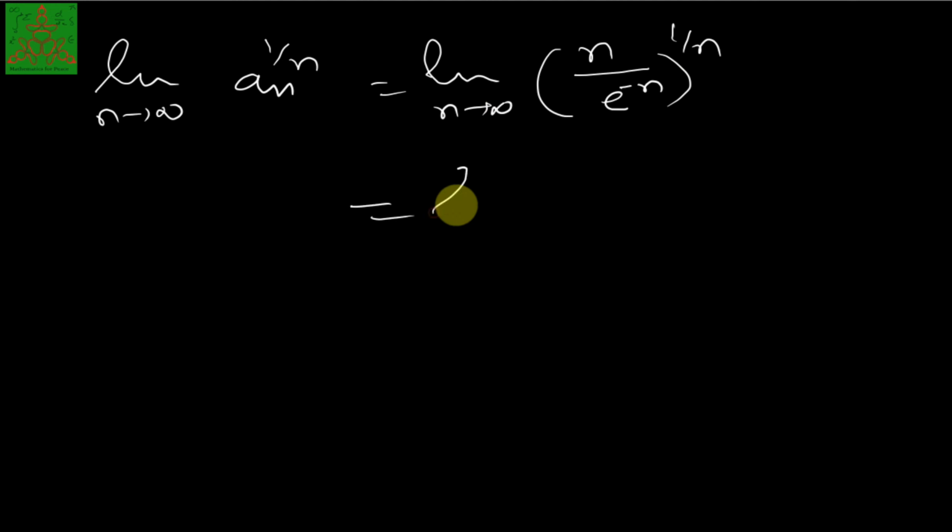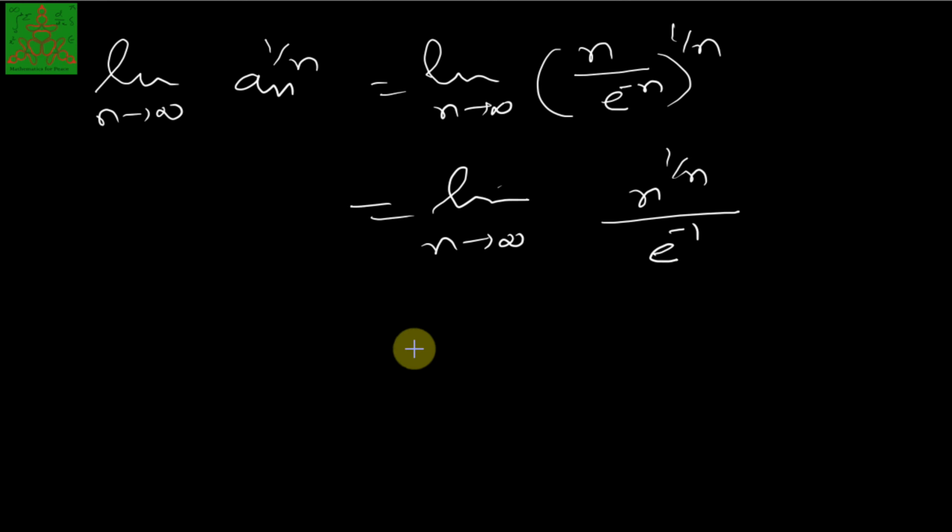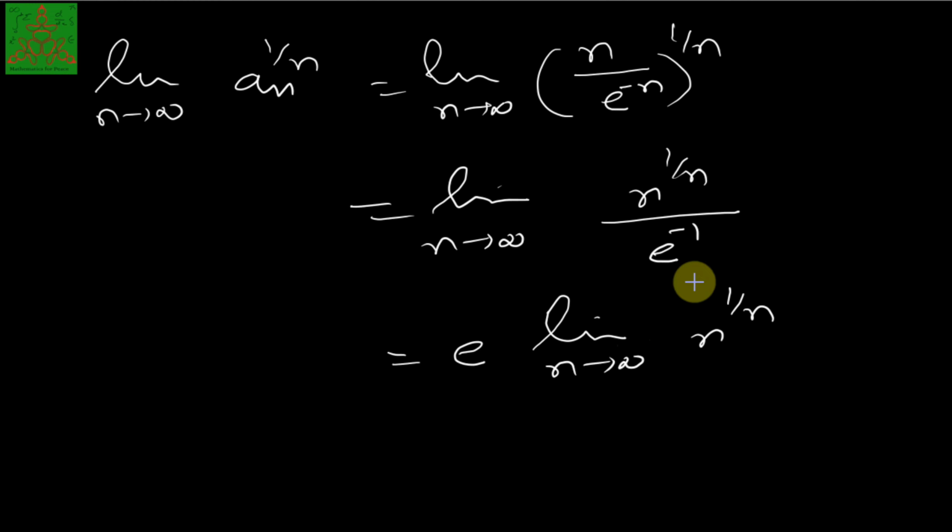So that will give me the limit of n^(1/n) upon e^(-1). e^(-1) in the denominator will give me e, which is independent of n, so I will write it outside the limit. Now to calculate the limit of n^(1/n), this is infinity power 0, so it is again an indeterminate form.